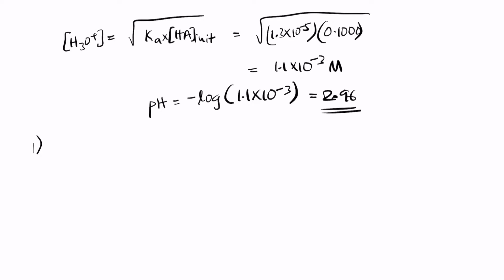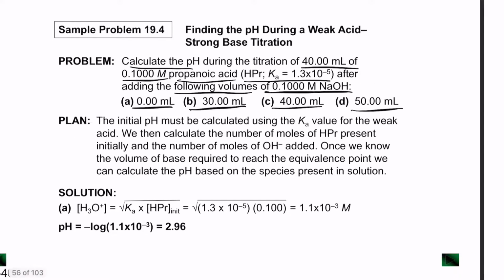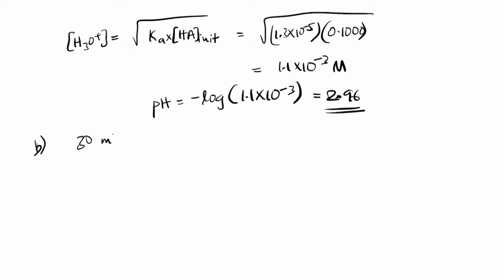Now in the B problem, it's given that we are adding 30 mL of 0.1000 M NaOH. Now we have the initial pH value.